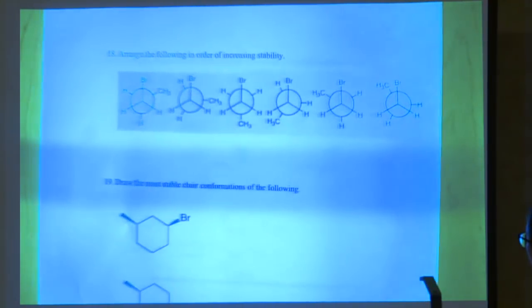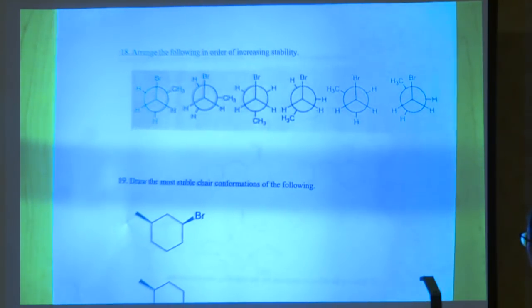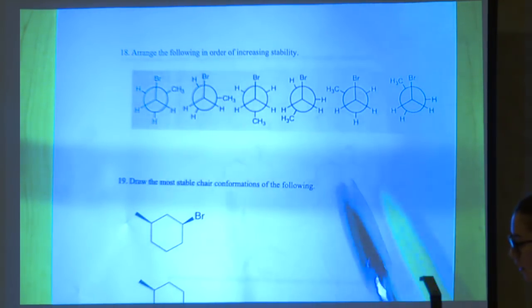So now arrange them in order of increasing stability, so from least to most stable. Okay, so we want to look at the hindrance that's happening, right?